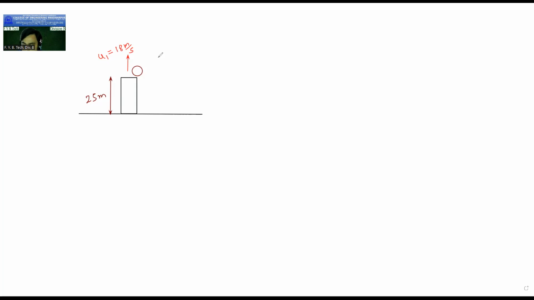We need to calculate the time at which it reaches maximum height. Second, how high it will rise above the building. Third, calculate the velocity with which it strikes the ground. When it comes back, with which velocity it will strike the ground, that velocity we need to calculate. And the fourth thing is the total time for which it is in motion.